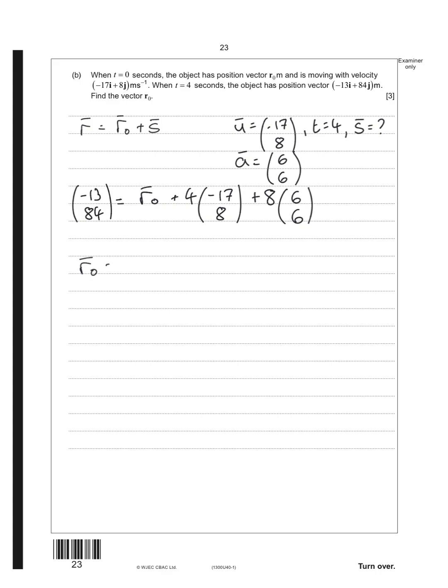So r0, if you do all of the rearranging, we're going to have minus 13 plus 4 lots of 17 minus 6 lots of 8, and then 84 minus 4 lots of 8 minus 8 lots of 6. And when you work all of that out, you should get, I believe, 7, 4. And that is meters. And that's our answer for this question.